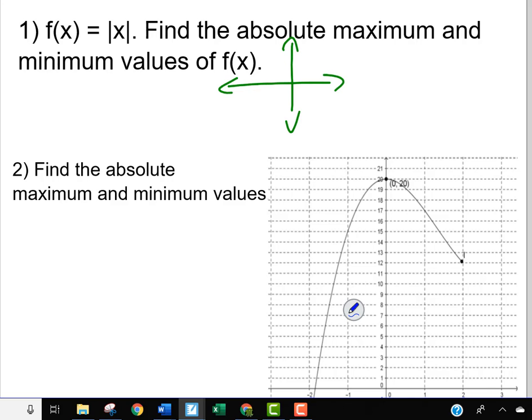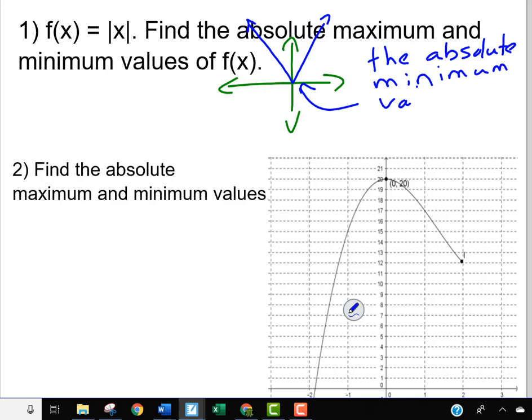So if we sketch a graph of the absolute value of x, we would say the absolute minimum value is 0. For this example, there is no absolute maximum because the graph goes on forever in an upwards direction. There's no maximum value we will ever reach.